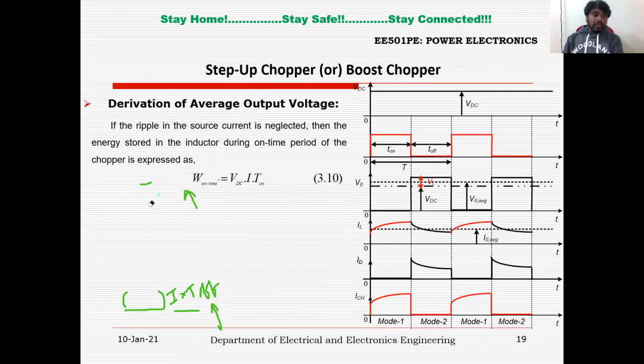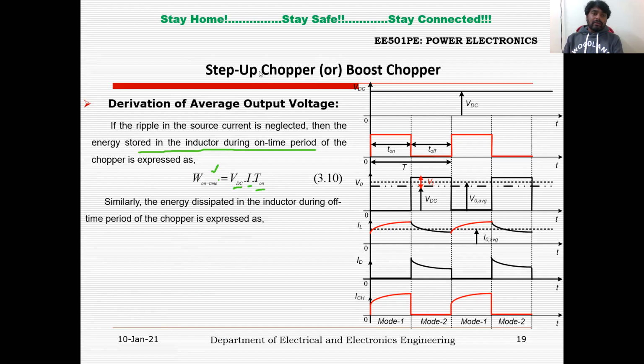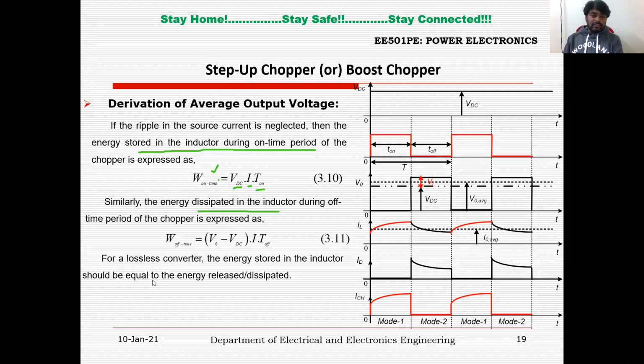If the ripple in the source current is neglected, that means we assume it as a constant, then the energy stored in the inductor during on time period, as I just told you, is voltage across inductor VDC into current into T on. Similarly, you can see the energy dissipated by the inductor during off time period. We have seen the voltage across inductor, which is V0 minus VDC.